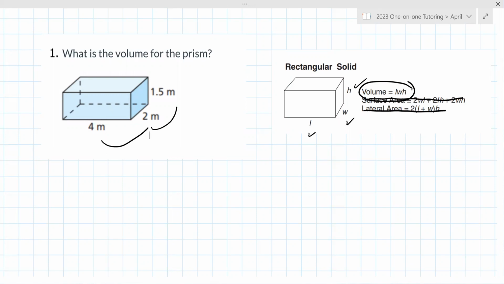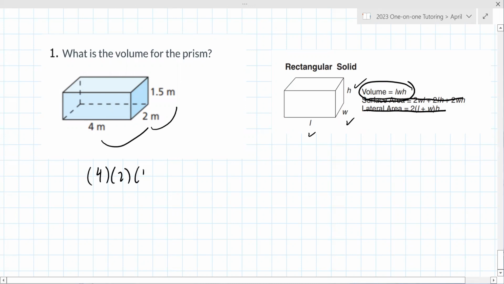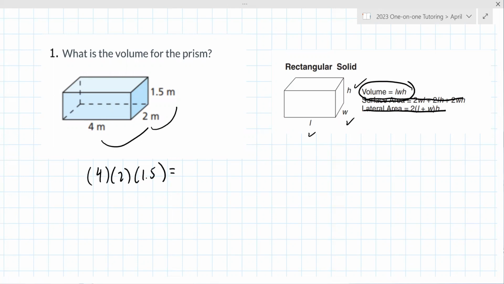We can do some problems like that, but this is the simplest volume problem you can get. You're taking the bottom number, multiplying by the side number, multiplying it by the top number. That'd be 8 times 1.5, and then I'll use the calculator for that real quick, just so I don't mess up something easy.